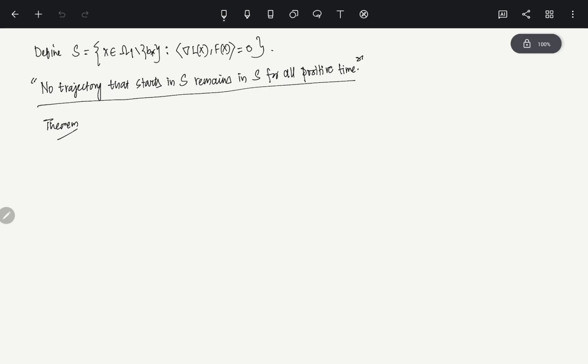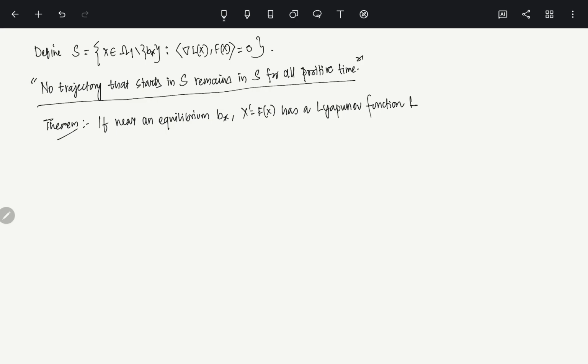The theorem says that if, near an equilibrium B star, x prime equals f of x has a Lyapunov function L that satisfies this property, the earlier one, let's call it star, then B star is asymptotically stable.